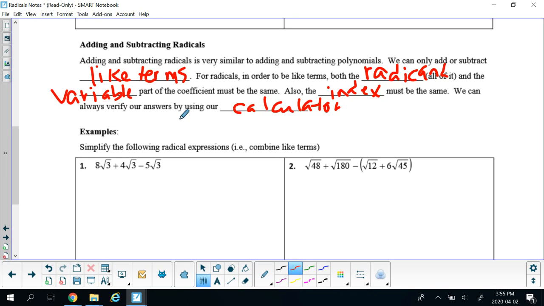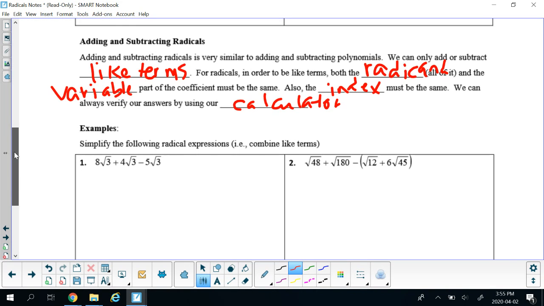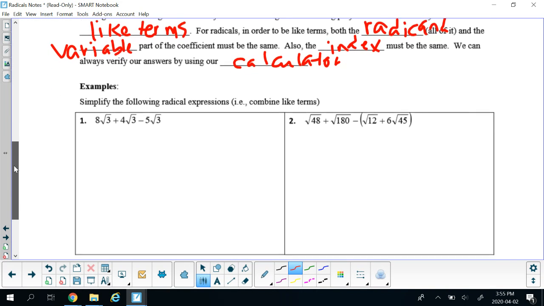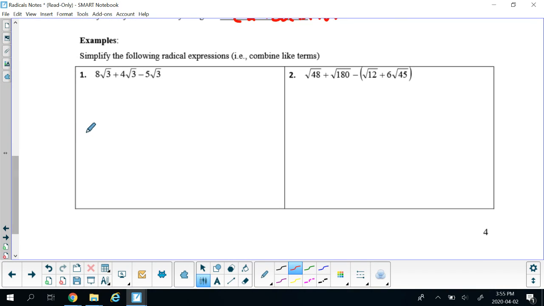We can always verify answers by using a calculator. Okay, let's do a few example questions and then you will know what I mean by like terms and radicals. So first question is 8 square root 3 plus 4 square root 3 minus 5 square root 3. Whenever you're adding or subtracting radicals, you always have to check for two things. First, index.